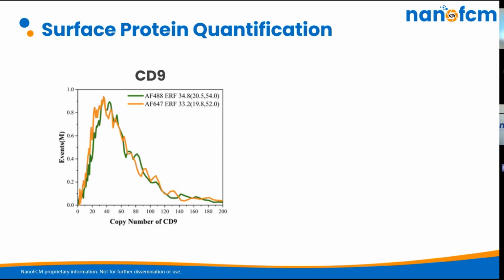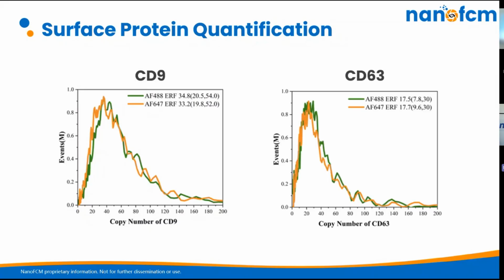And we can use this equation to calculate the equivalent number of CD9 molecules on the surface of each particle at a single particle level. You can see here we've done it in 2 channels, again, AF488 and AF647, with an equivalent reference value of 33 to 34 CD9 molecules per particle. And for CD63, we found a median copy number of 17.5.